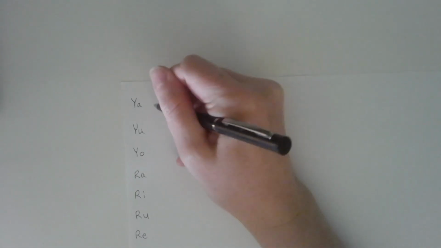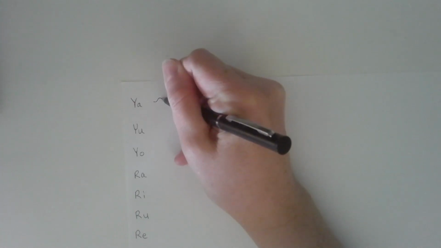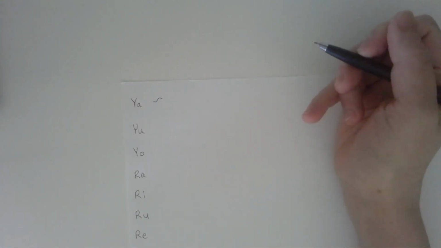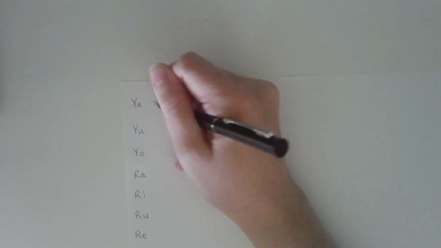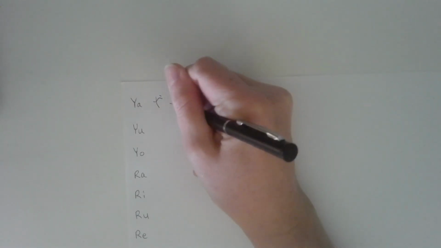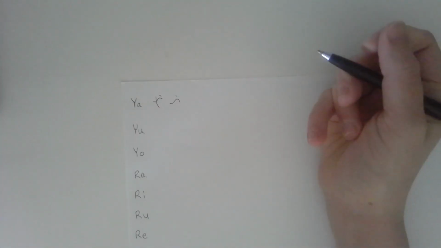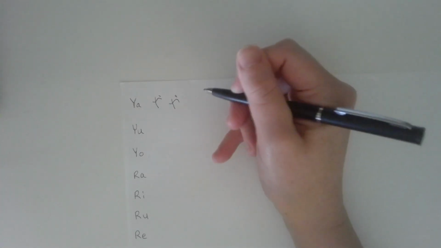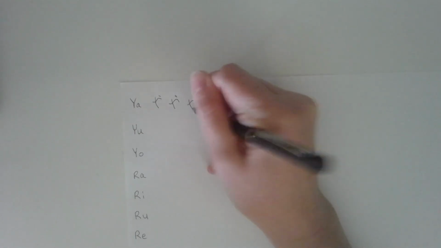So ya, you want to make a curve like that, like a sideways S, a line down, and then a line on top. So one, or I think the line here goes second, 2 and 3. That's ya. 1, 2, 3.